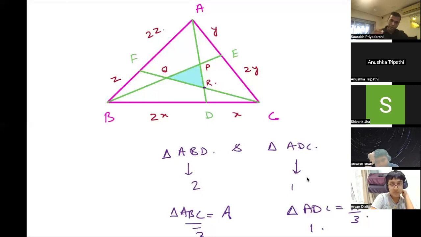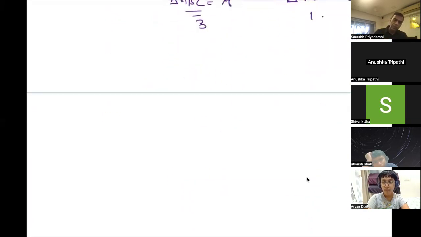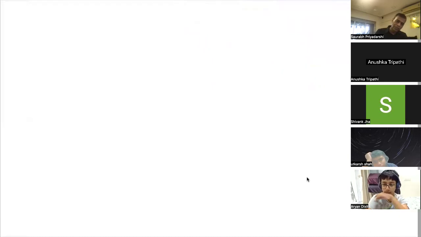But see one thing, please be careful. I need some ratio between AR and RD. If I'm able to find the ratio of AR and RD, then I'm able to find the ratio of the areas. Is this okay, everyone? Now, see this carefully.